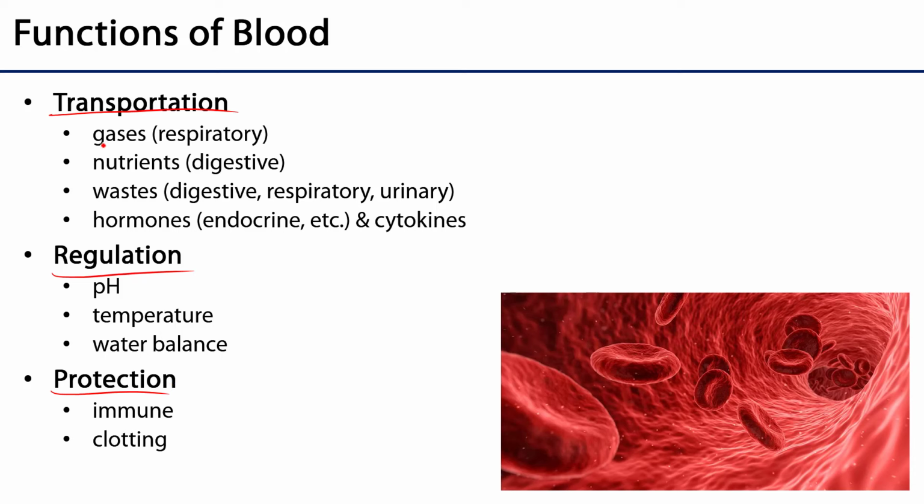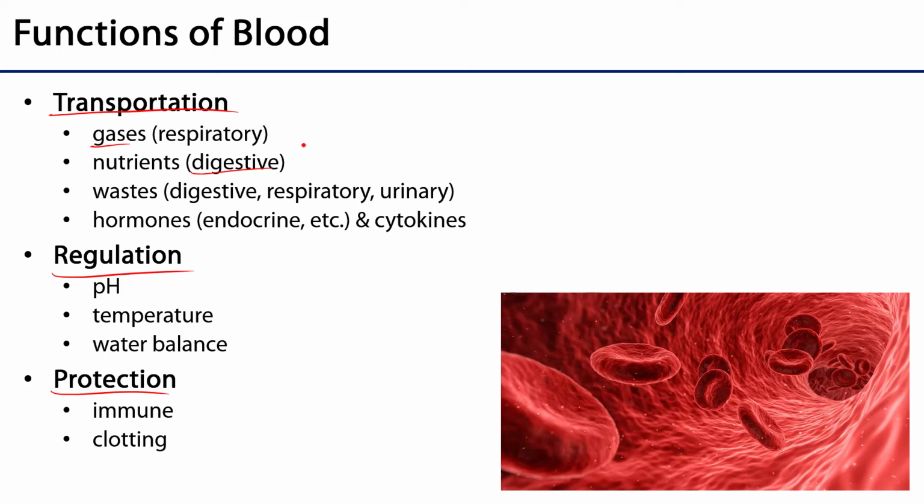So, for instance, gases is kind of a no-brainer. The respiratory system helps us to absorb oxygen in the body, and it allows for us to remove carbon dioxide from the body. Nutrients. The digestive system absorbs nutrients, and those nutrients are picked up by the cardiovascular system and distributed throughout all the metabolically active tissues.